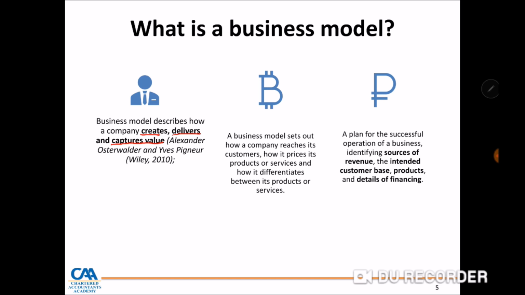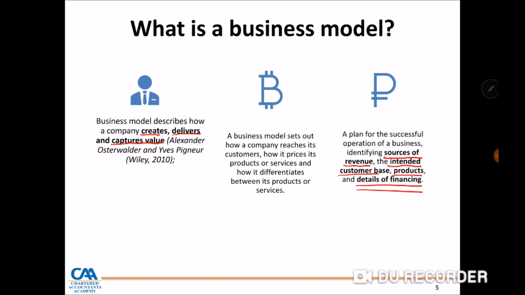How is that value being delivered to its customers? Or to put it more plainly, a business model should be able to identify the source of revenue. How is a company making its money? Who are the company's customers? What products or services is the company selling? And how is the company financed?